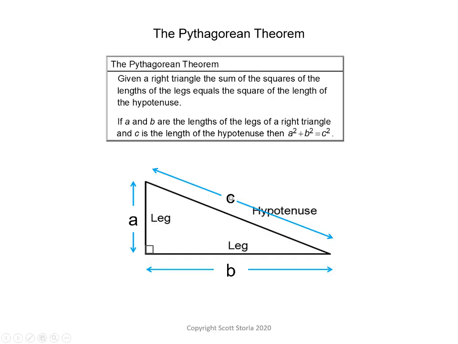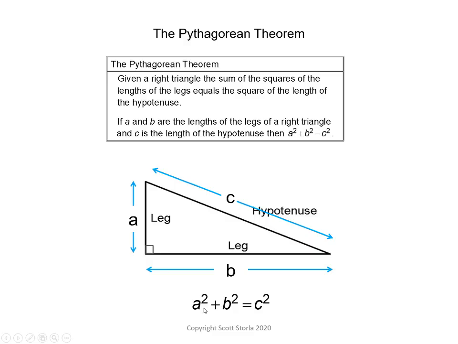So you'd measure C, and then you'd square that distance. And so we measure this distance and square it, and we measure this distance and square it, and then we add those together, and it'll be the same as measuring this distance and squaring that.